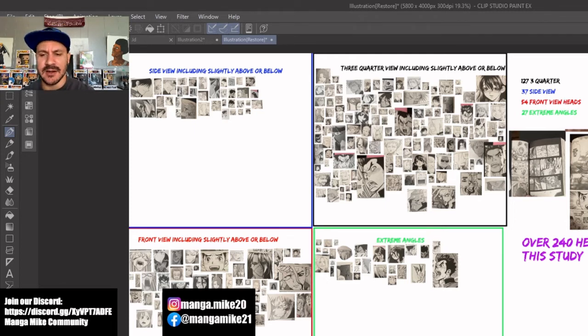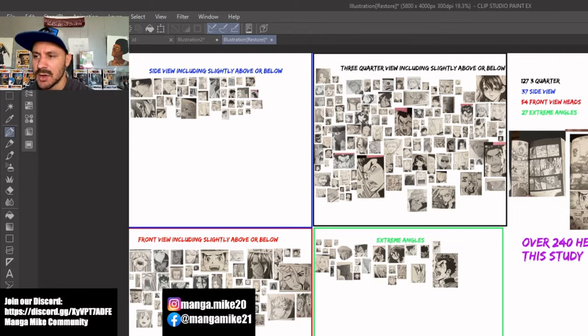So let's get started. The first thing that's really important to look at within this spread is the overall differences in which angles are used the most, right? And the reason why I created this video is to show you this. So the 3/4 view makes up over half of the entire study that I did from last week, right?